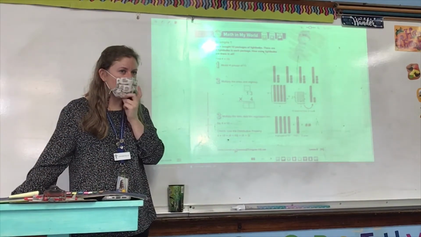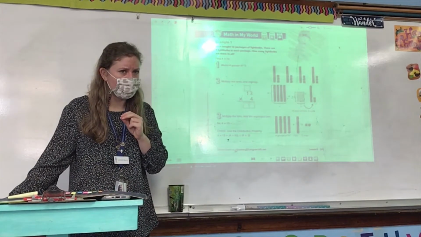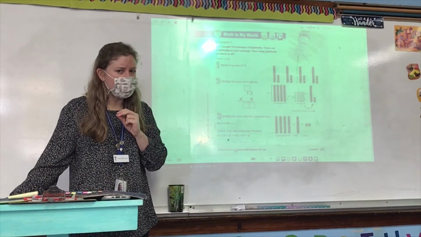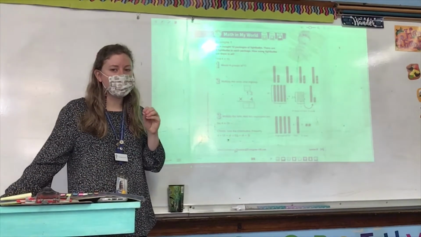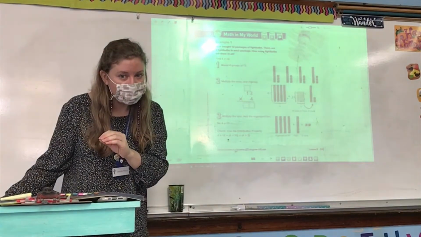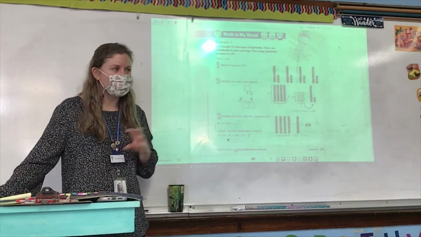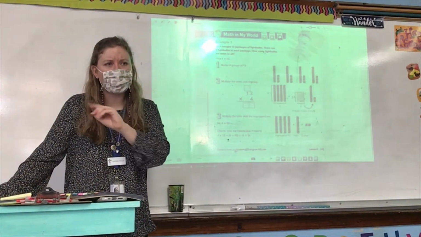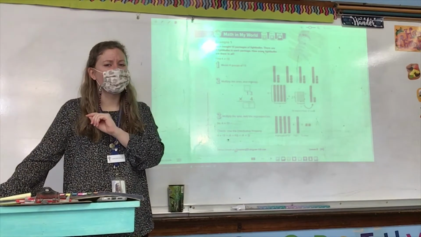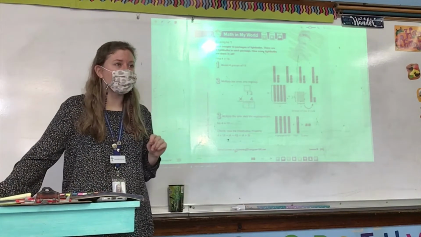Sometimes we had to trade 20 tens for what, Zari? 200s flats. Good. And sometimes we had to trade 20 ones for what, Smith? For 2 10 rods.